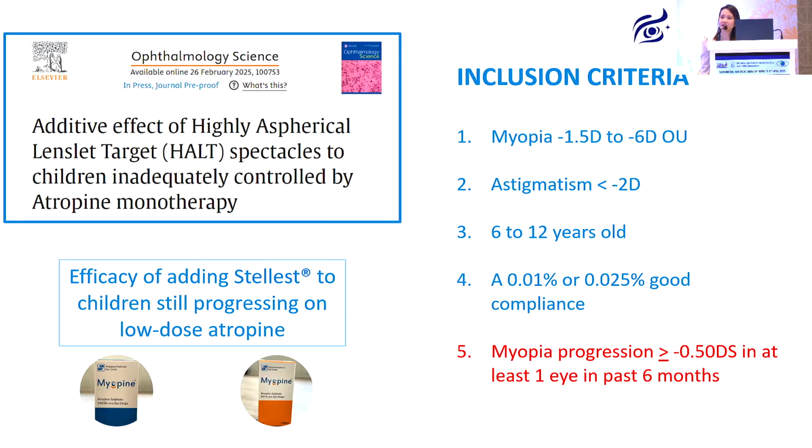The inclusion criteria in this study comprise myopia of -1 to -6 diopters, astigmatism of less than -2 diopters, children of 6 to 12 years old, and patients who are only on low-dose atropine, such as 0.01 as well as 0.025, with good compliance. They must also have myopia progression of at least 0.5 diopters in at least one eye over the last 6 months.